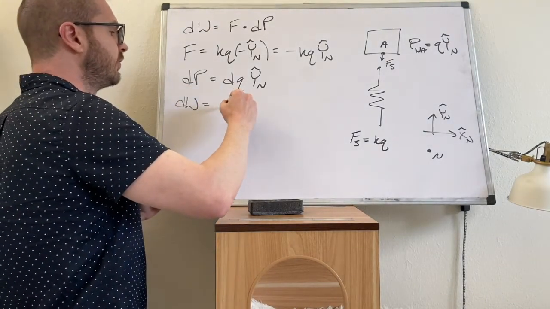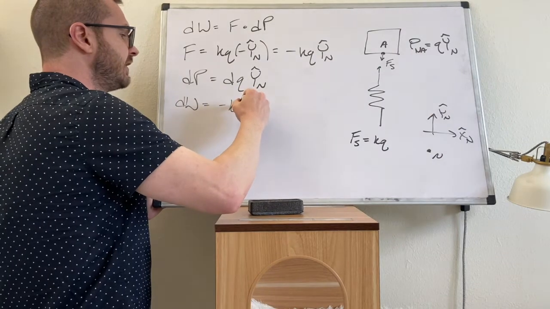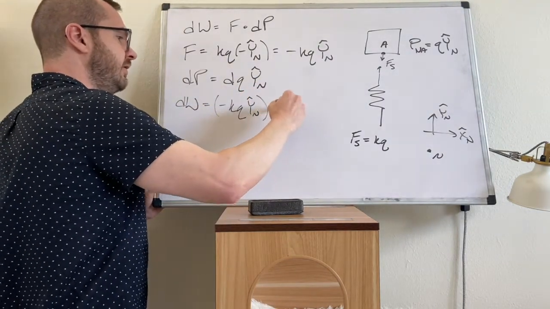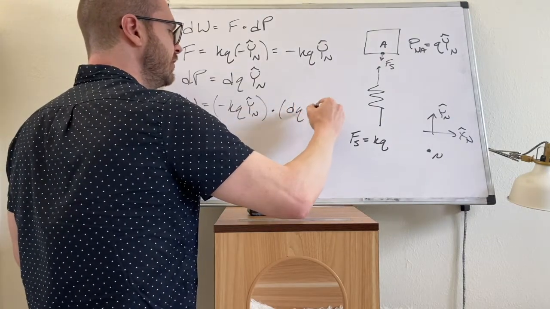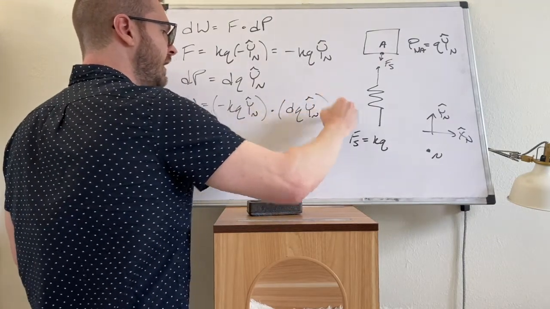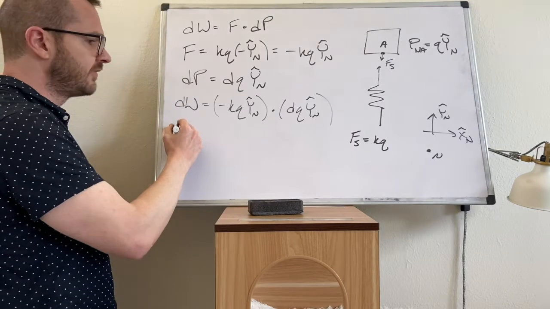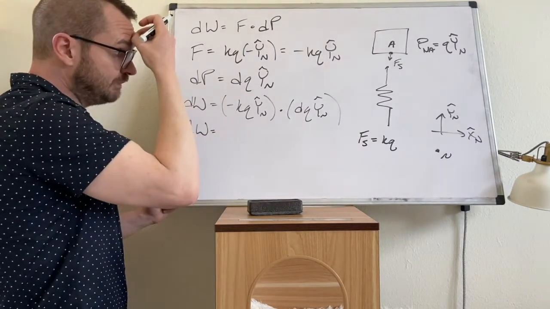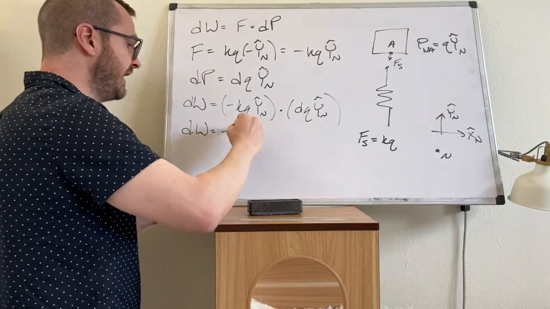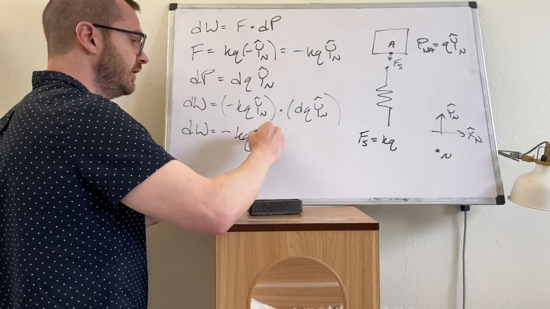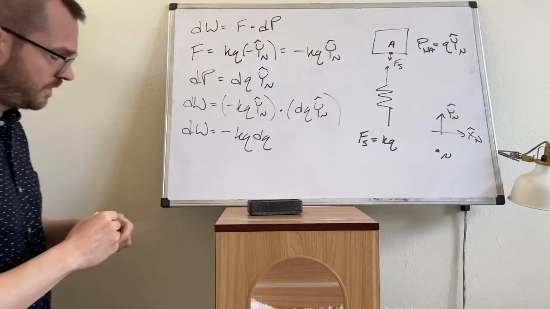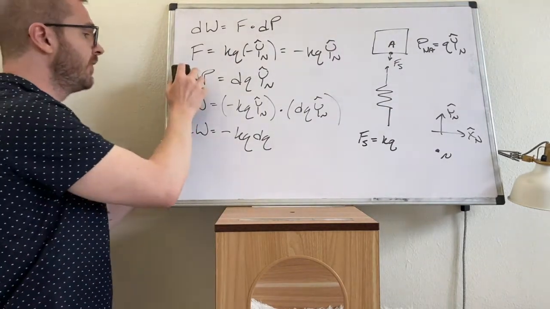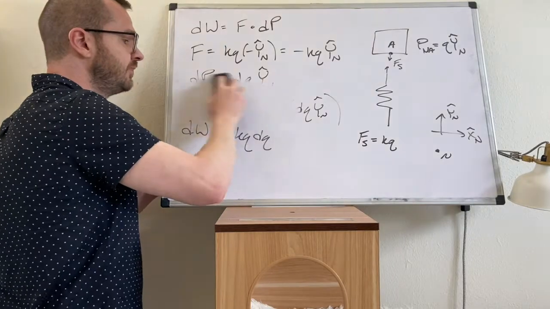So dW is going to equal negative KQ y hat in dotted with dQ y hat in. Of course, the dot product is going to turn this into a scalar equation for us. dW is negative KQ dQ.